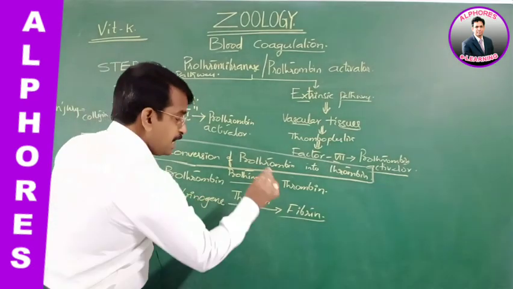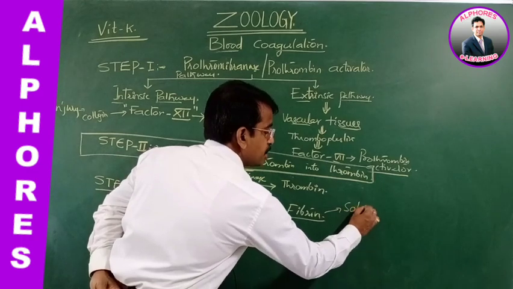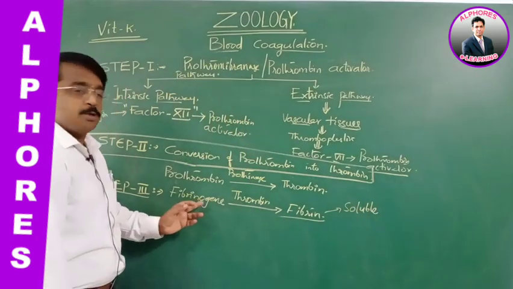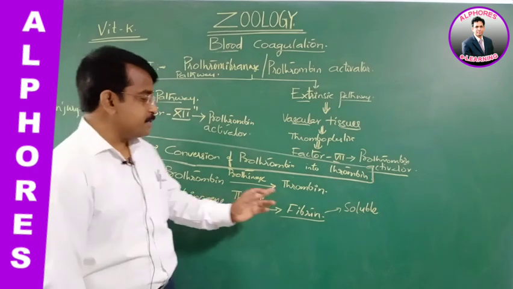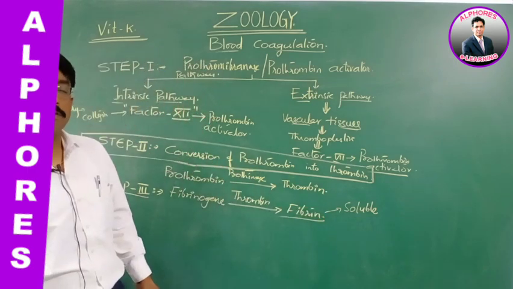In fact, the fibrin fibers are formed in a soluble state itself. In the presence of thrombin, fibrinogen is converted into active fibrin.